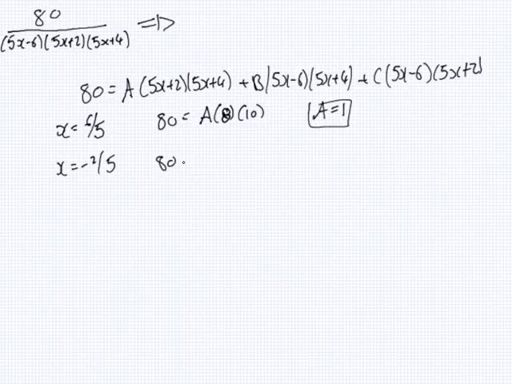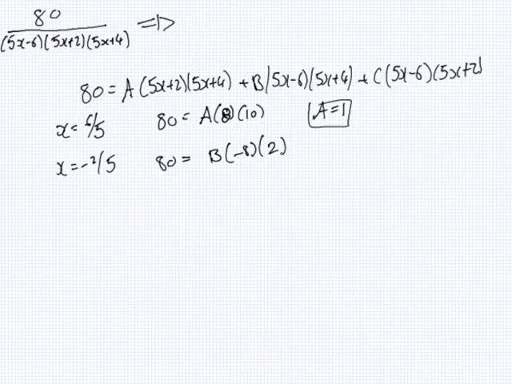So you get 80 equals B minus 2, and then minus 2 over 5 minus 8, and then 2. Oh, sorry, I lost my train of thought. 2, like this. So that's minus 5, isn't it? Yeah, minus 5.